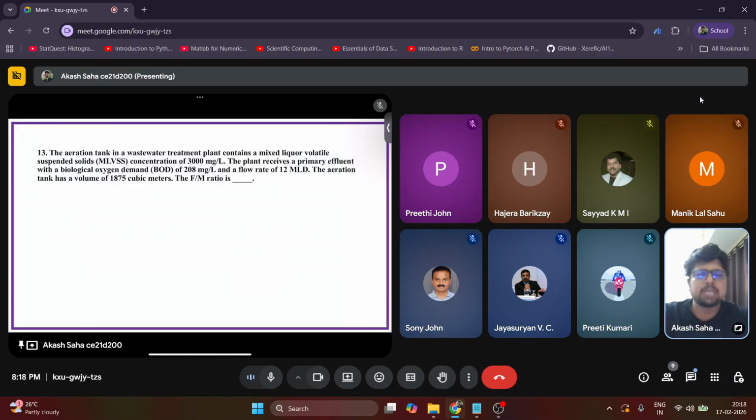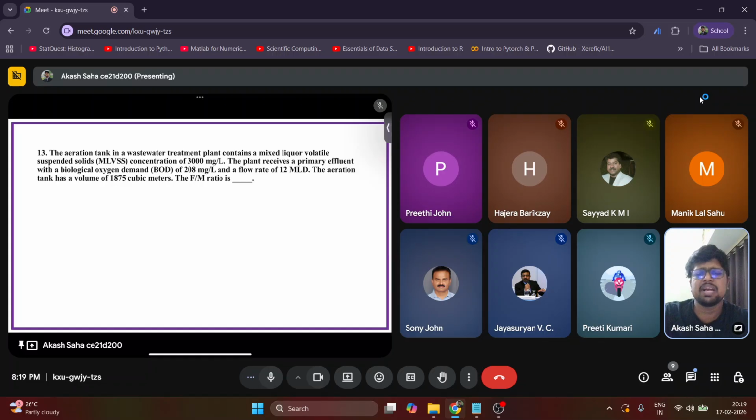They will tell you an aeration tank, and MLVSS is nothing but the X. Mixed liquor volatile suspended solid, X value, is 3000 milligram per liter. The plant received a primary effluent BOD of 208 milligram per liter. So that means the BOD value or substrate value is given. Flow rate Q naught is given as 12 MLD. The aeration volume is 1875 cubic meters. So V is also given. You have to find out the F by M ratio.